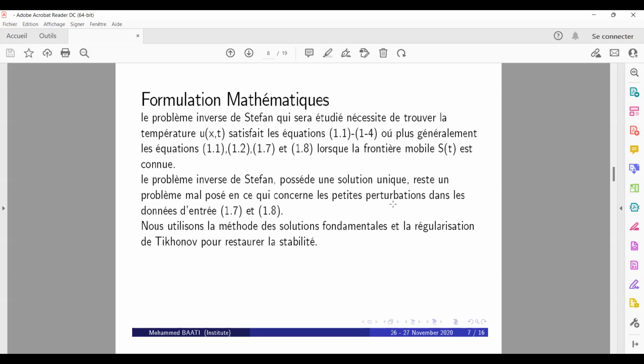Car si on a de petites perturbations dans les données, les solutions ne sont pas stables. Donc, pour régler ça, on utilise la méthode des solutions fondamentales et la régularisation de Tikhonov.